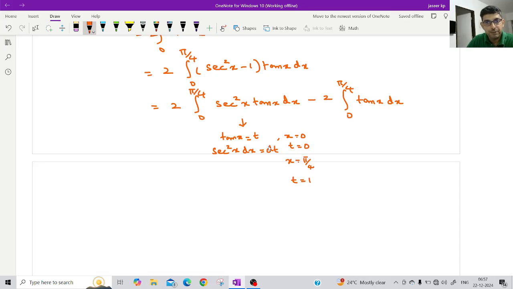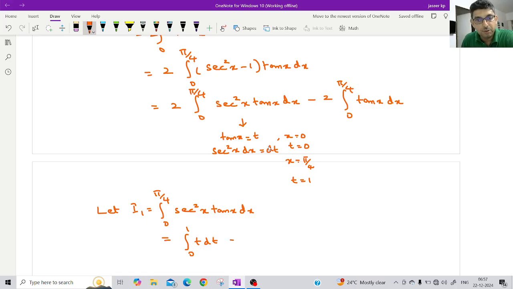So the first one, let I1 equals integral 0 to pi by 4 secant square x tan x dx. So it will become integral 0 to 1 t dt, because tan x is t and secant square x dx is dt. Now if you integrate this, it will become t square by 2 from 0 to 1.